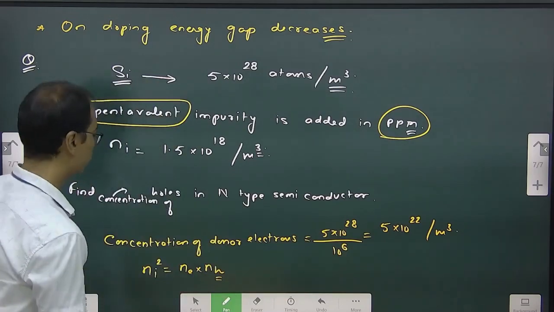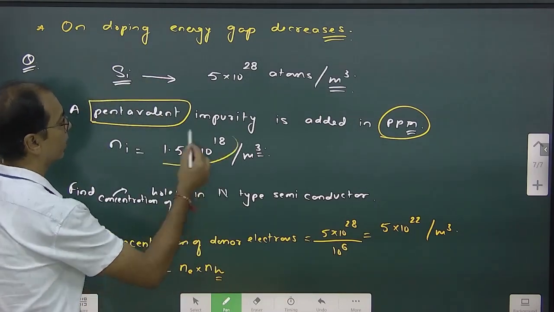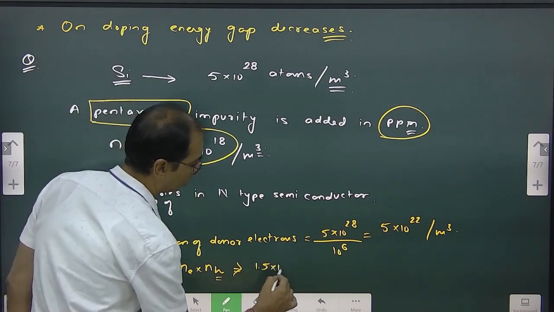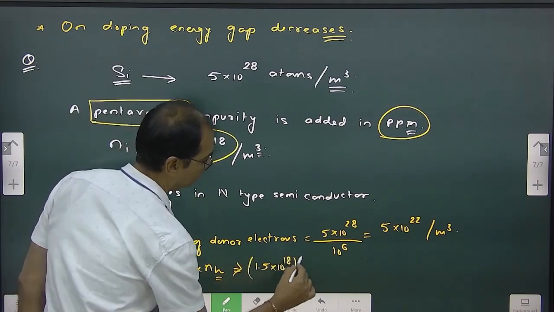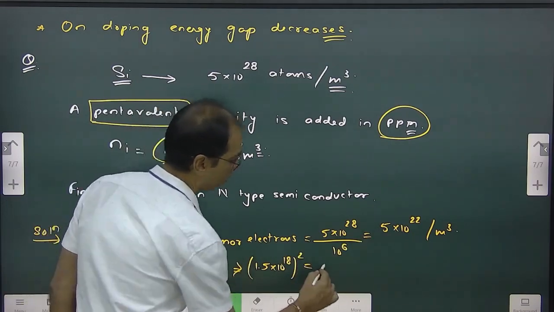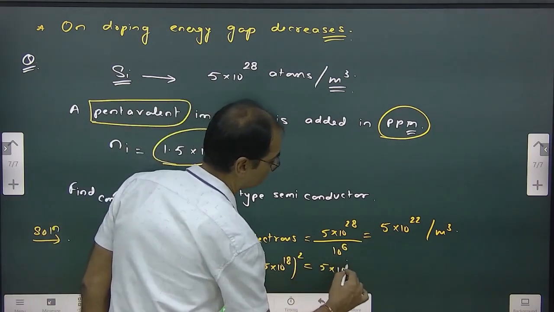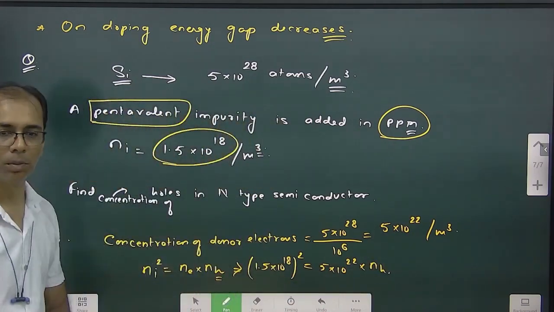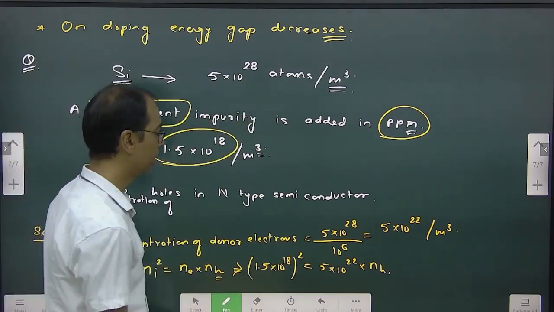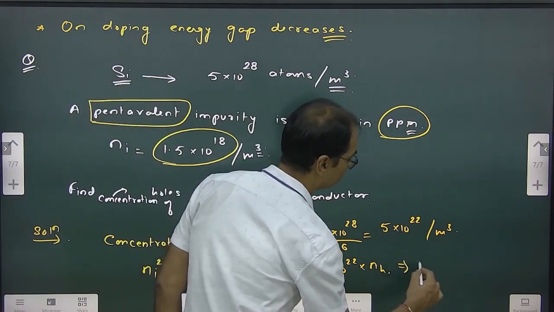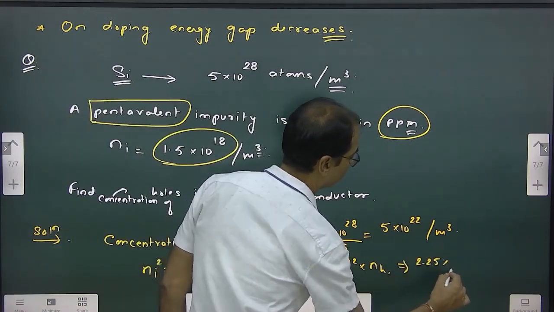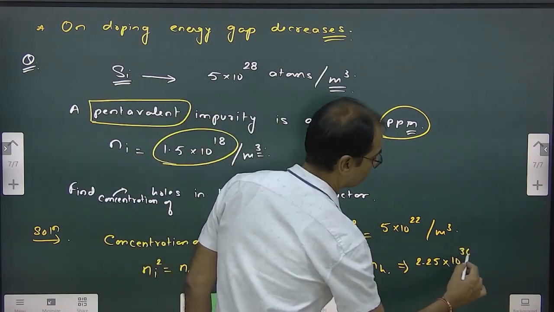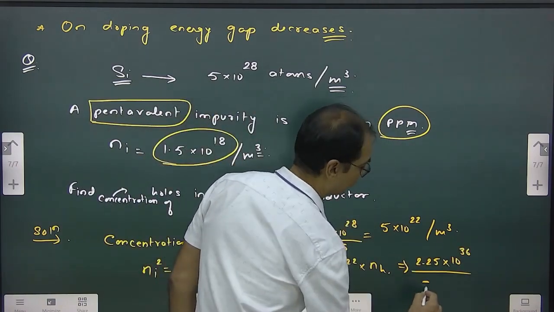So Ni square is the square of 1.5 into 10 to the power 18, equal to the number of electrons, 5 into 10 to the power 22, into the number of holes. 1.5 square means 2.25, so 2.25 into 10 to the power 36 by 5 into 10 to the power 22.